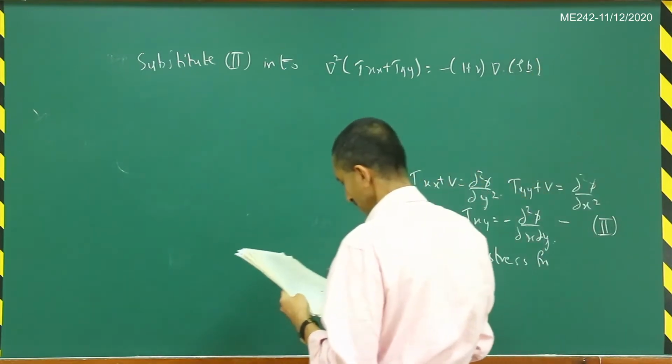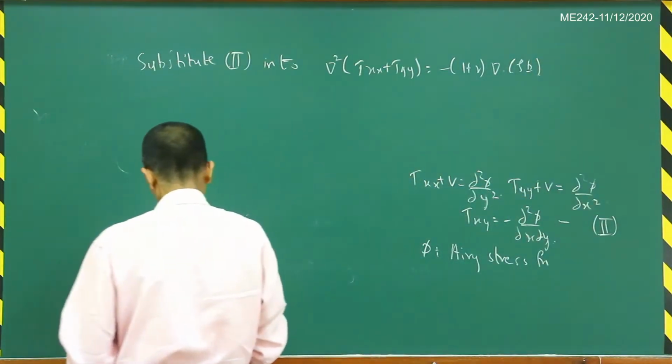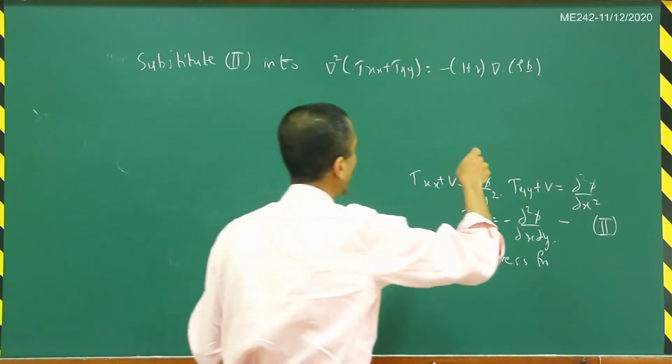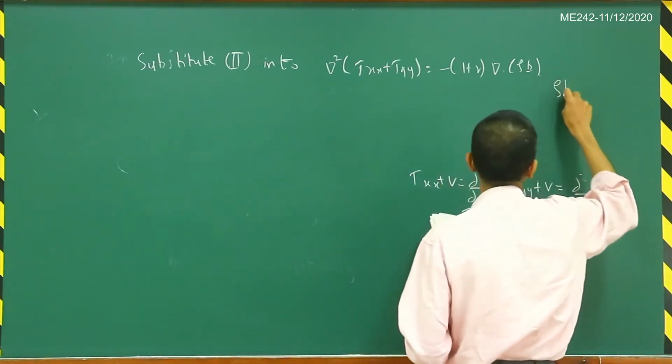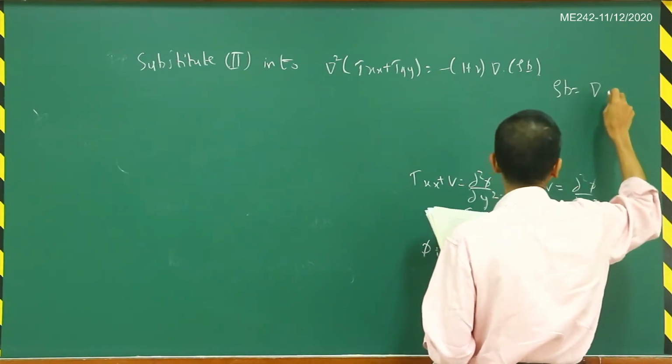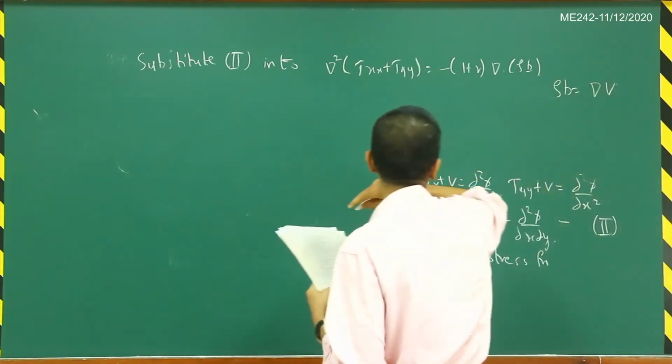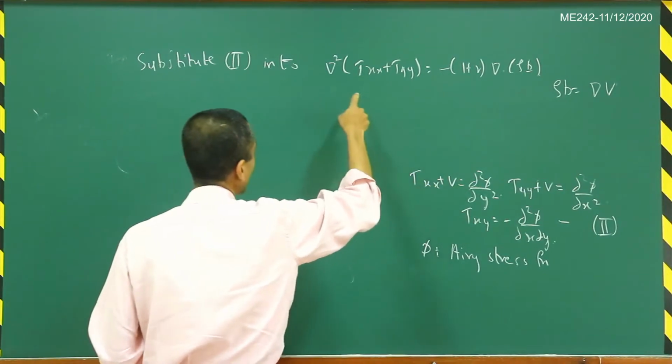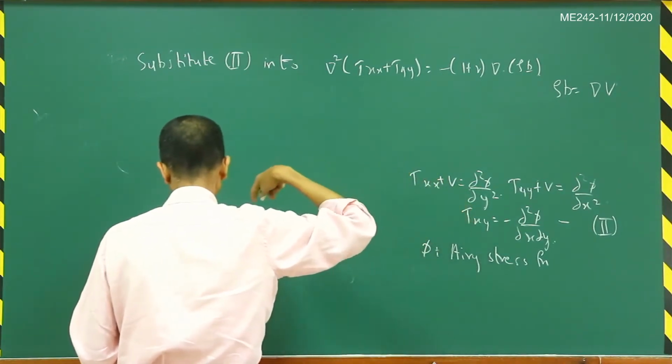Okay, so what you will get is that, and then we have said that rho b is equal to del of V. Correct? So if you now substitute it into this, then what you will get is the following.